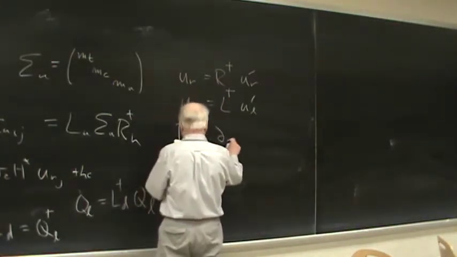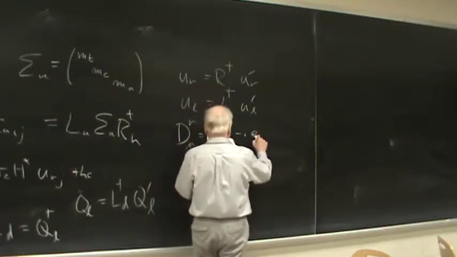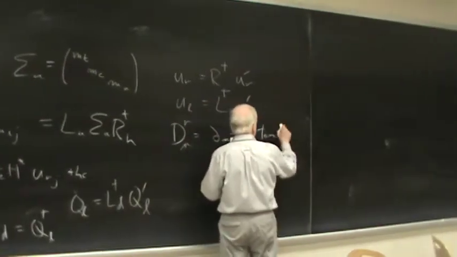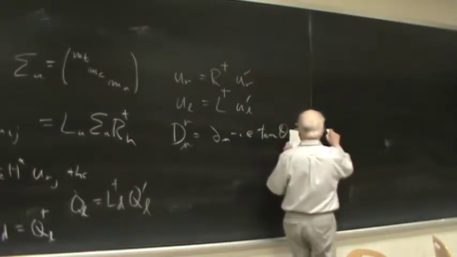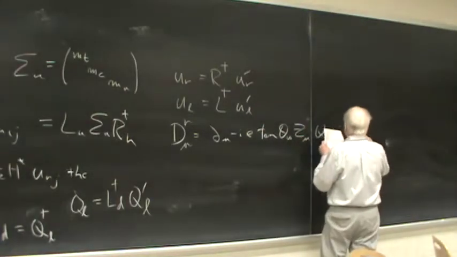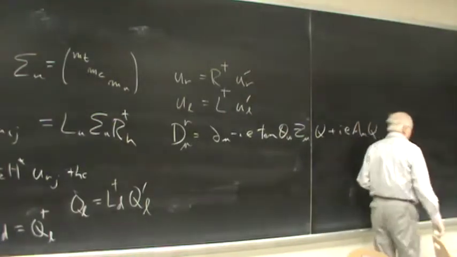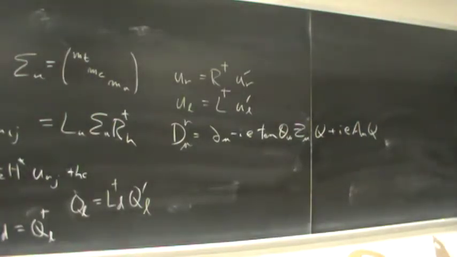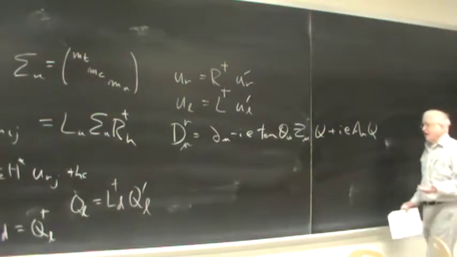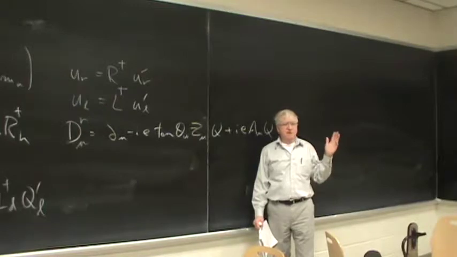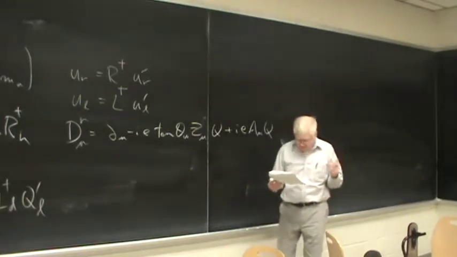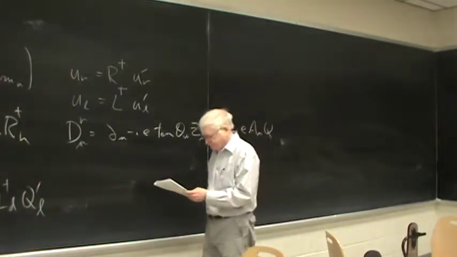It's just d mu minus i e tan theta weak Z mu cubed plus i e A mu cubed. So the right-handed covariant derivative acts the same way on the flavor as on the mass eigenstates. No difference. But the left-handed one is different.